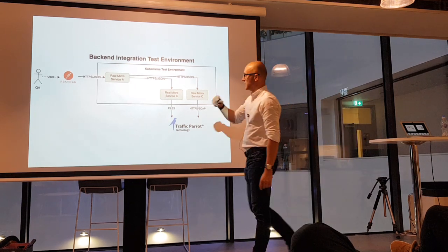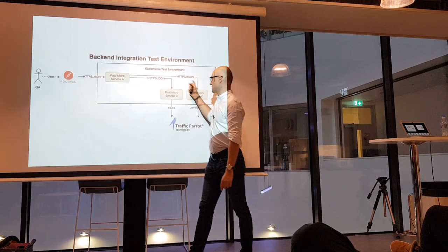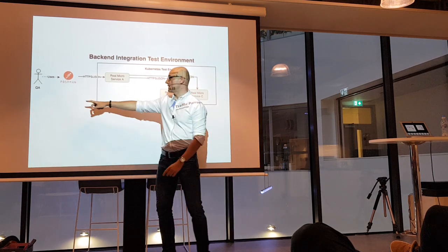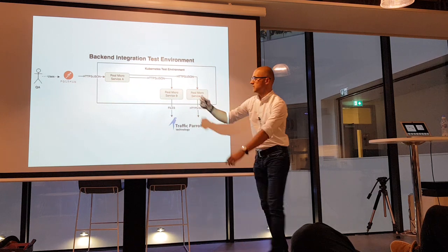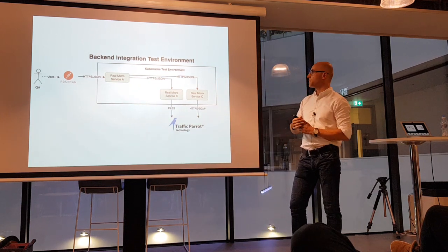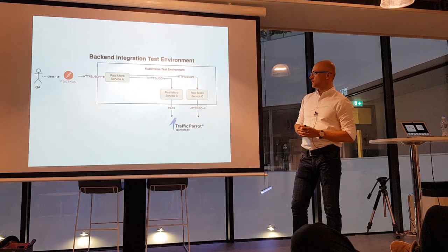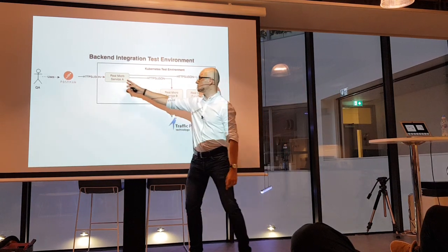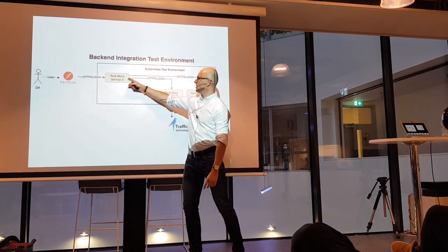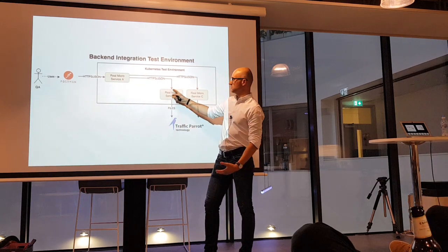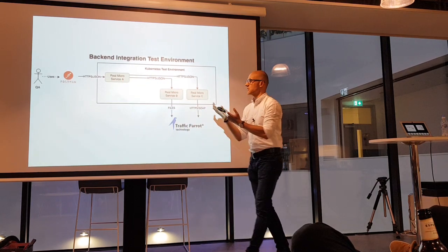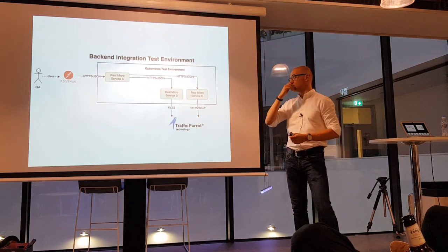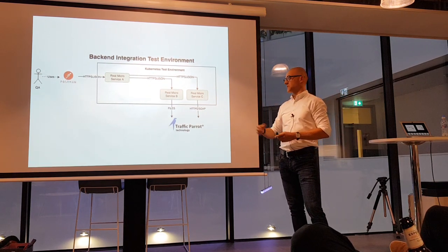So what they would do is deploy these three microservices to the Kubernetes test environment, and again test them in a group. The types of errors you typically find in here are the complex interactions between them. So let's say you need to go here, fetch something, go back and do something in microservice B, and the complexity of that interaction would result in different types of bugs being found.